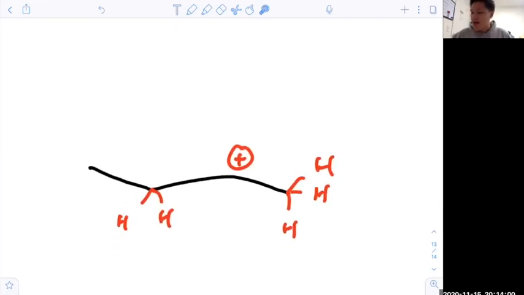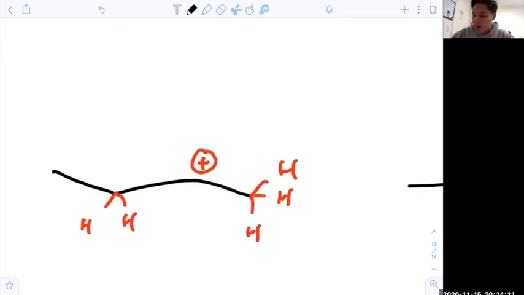So because we have this carbocation right here, we look at neighboring carbons, right? Which is this carbon, and we look at this carbon. So in this case, the water here, right? The water can either take the proton from this side, or it can take it from this side.